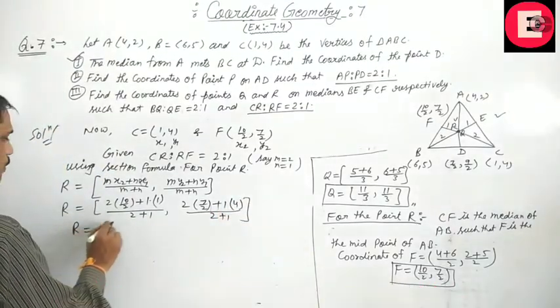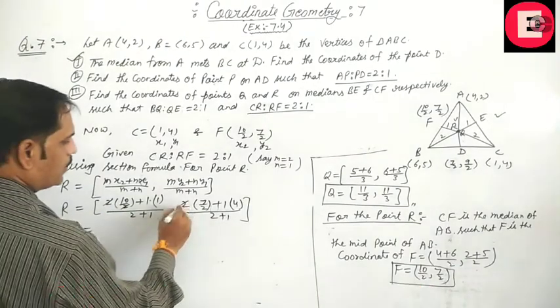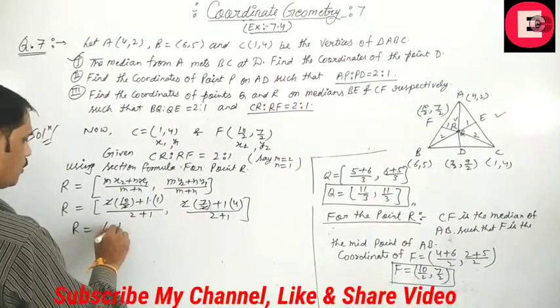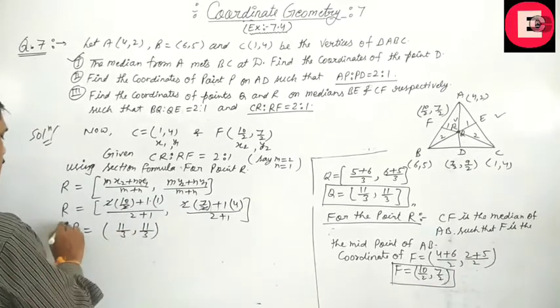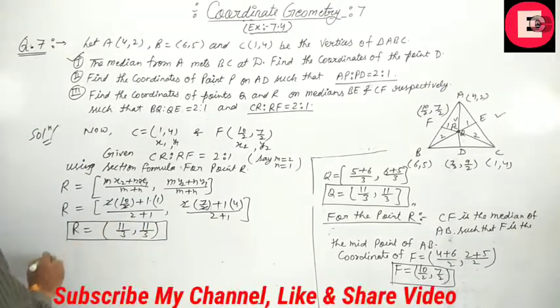Then 2 and 2 will be cancelled. So the coordinate of R is 11 upon 3 and 11 upon 3.